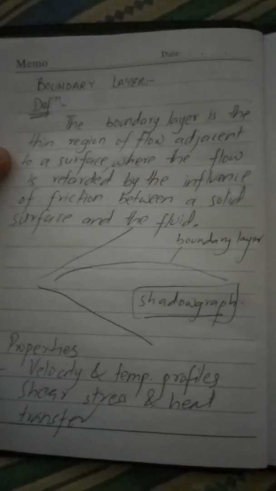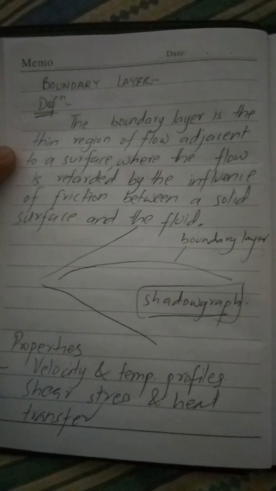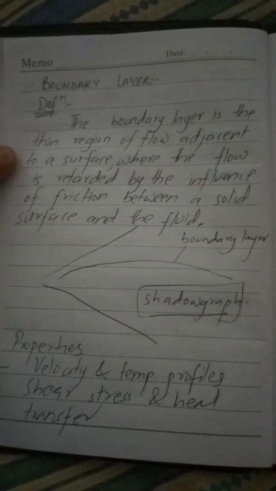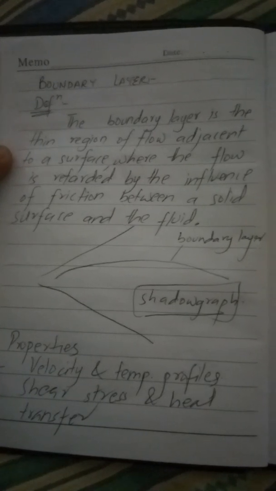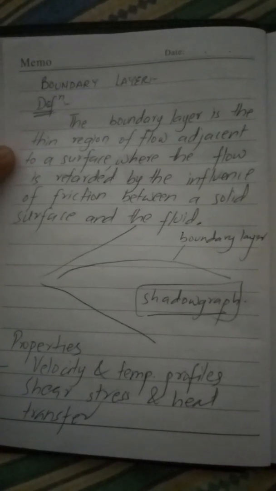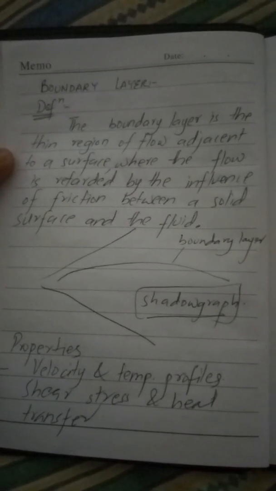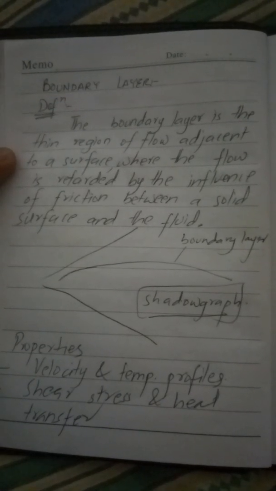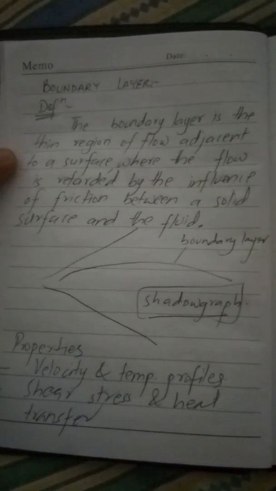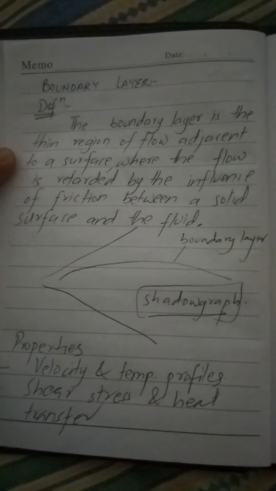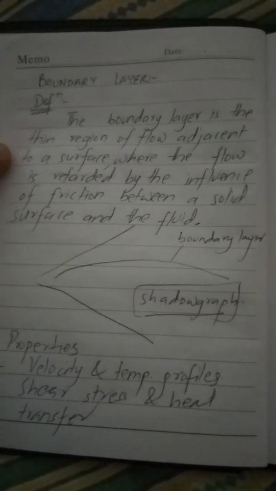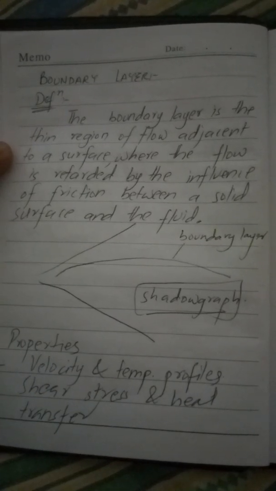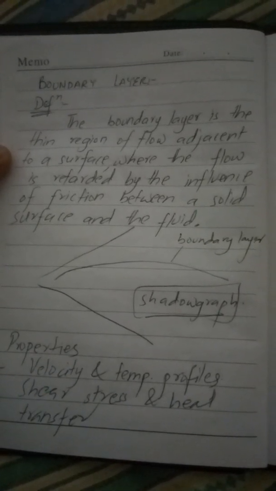Definition: the boundary layer is a thin region of flow adjacent to a surface where the flow is retarded by the influence of friction between a solid surface and the fluid. So the boundary layer is a thin region of flow between a solid surface, which here is the aircraft, and the fluid, which is the air surrounding the aircraft.